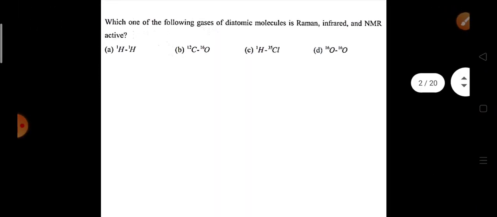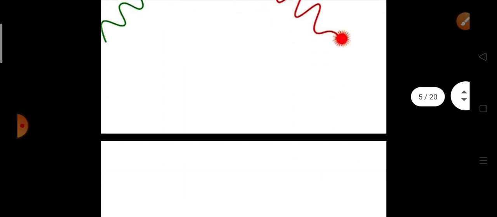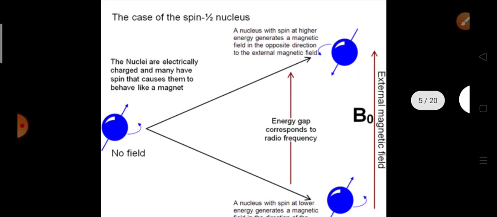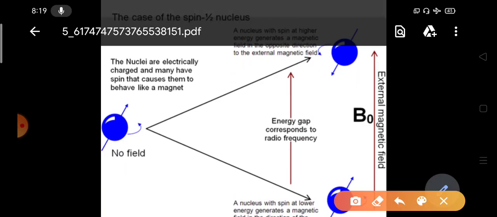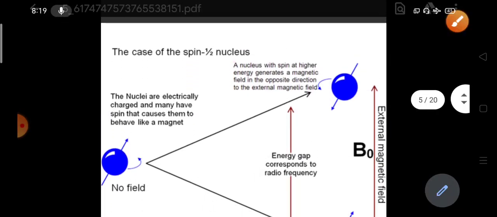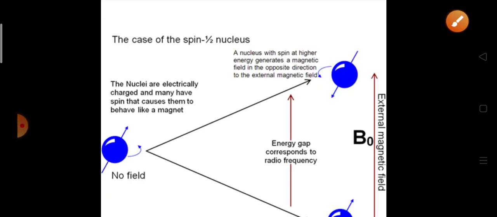Now we will find out the NMR criteria, that is nuclear magnetic resonance. NMR means we have to deal with the nucleus. Suppose we are taking a spin half nucleus. These nuclei are electrically charged because of the protons, and many have spin that causes them to behave like a magnet.